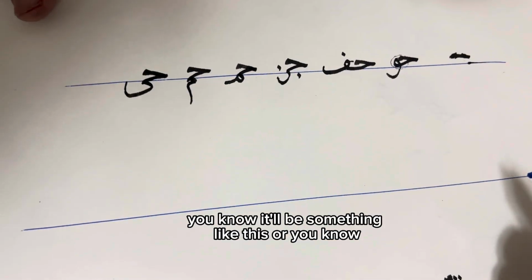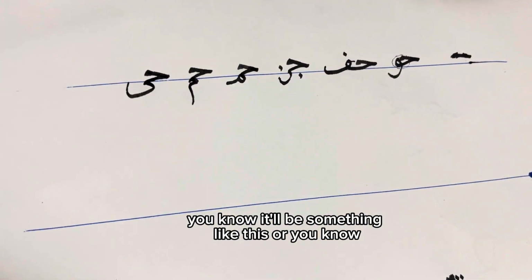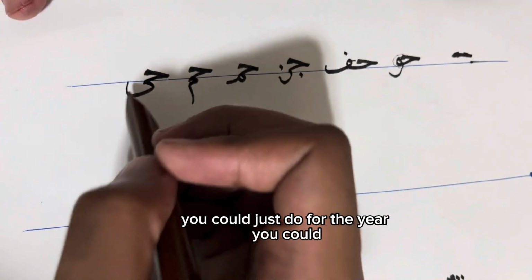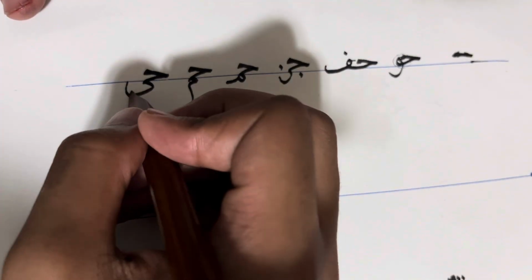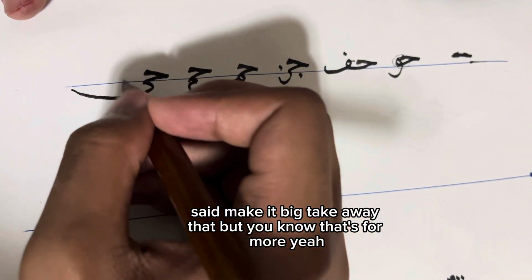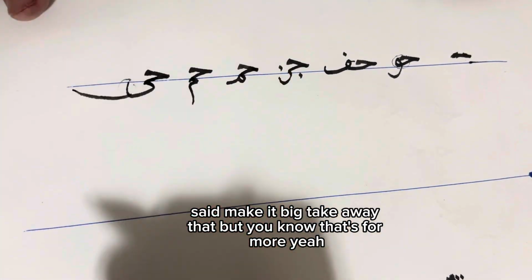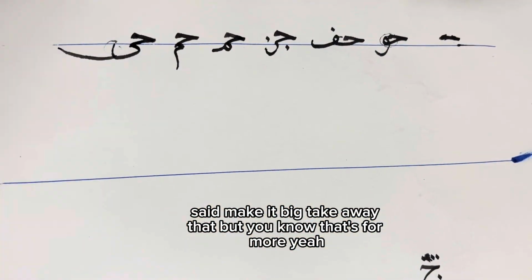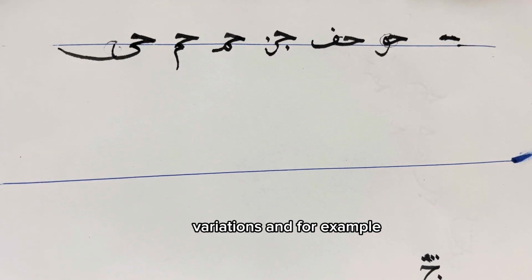You know, it would be something like this. Or you could just do for the ya, you could instead make it big, take away that. But you know, that's a few more ya variations.